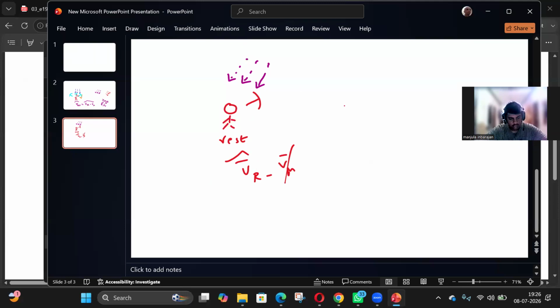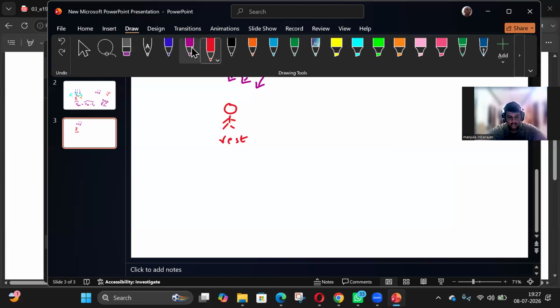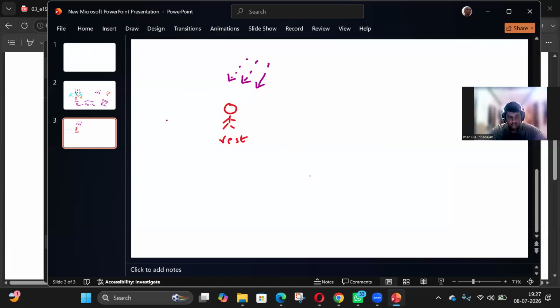Second possibility is the man is moving towards right with some velocity Vm. In that case, what will be the direction of the umbrella?